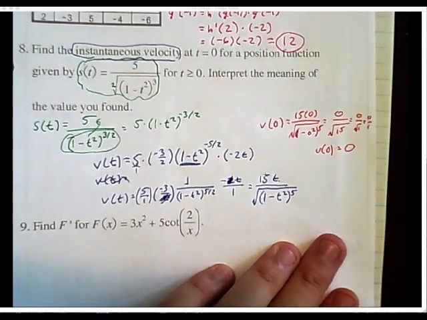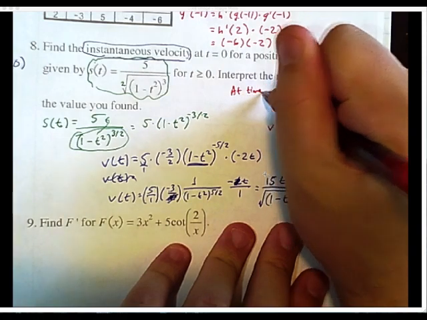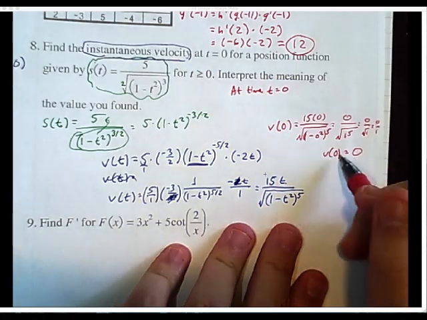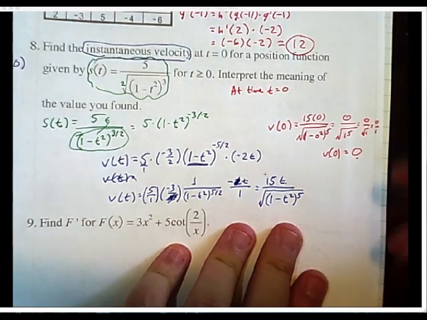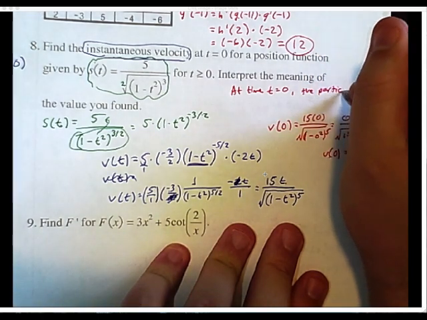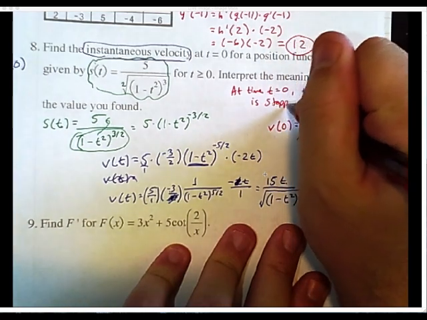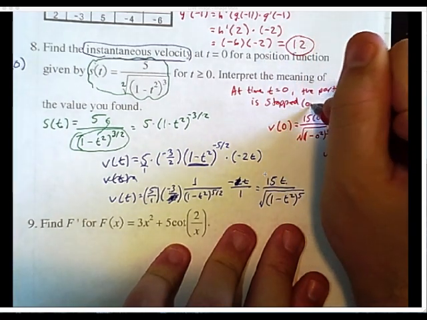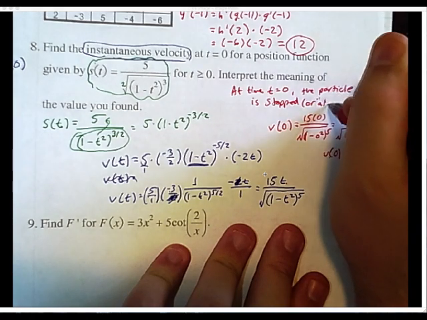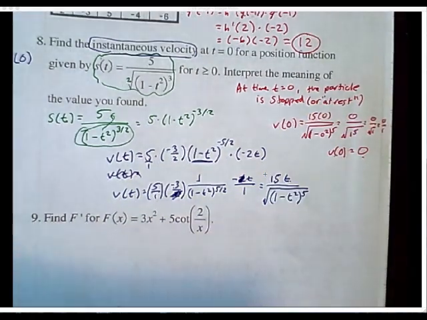And it says interpret the meaning of this. At time t equals 0, since the velocity equals 0, the particle is stopped. Or you could say at rest. At exactly the beginning, time equals 0, the particle is at rest.